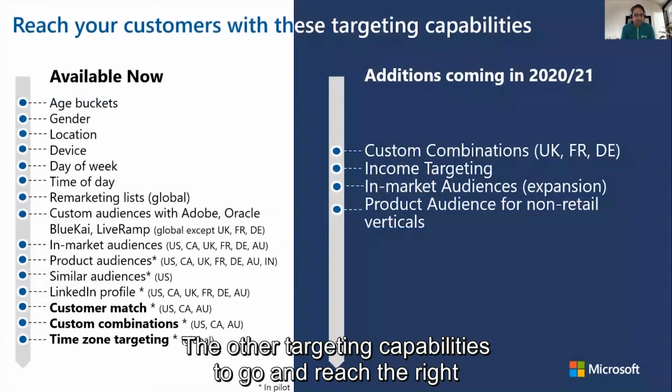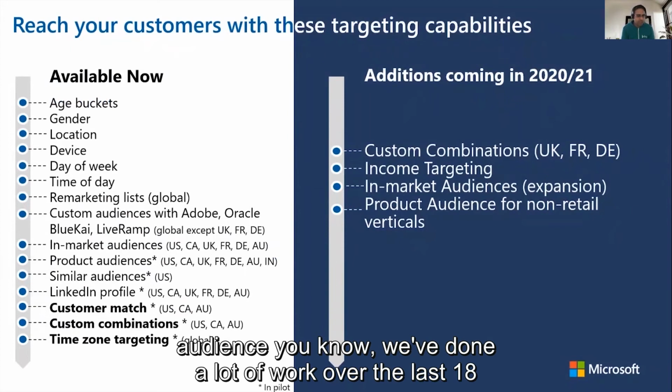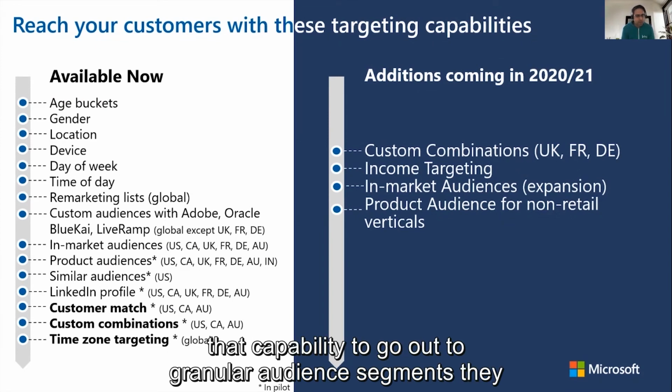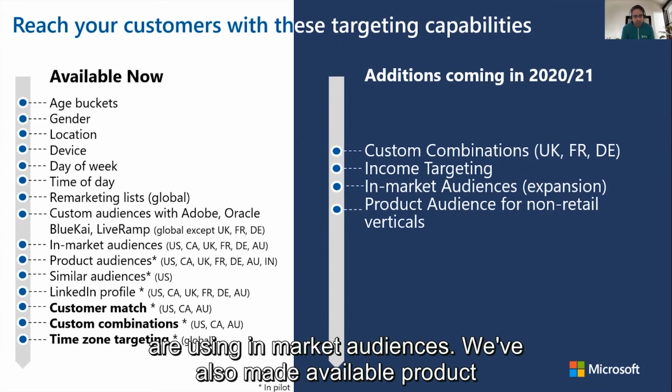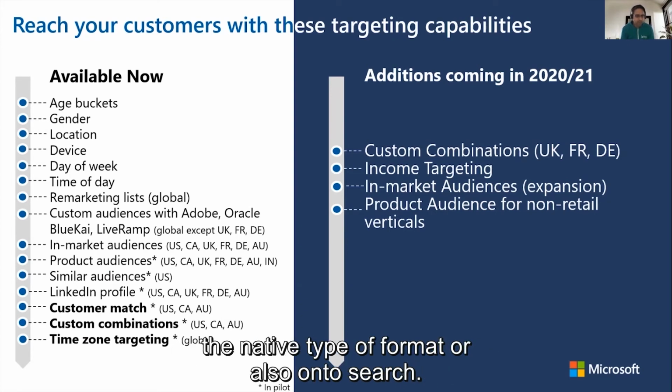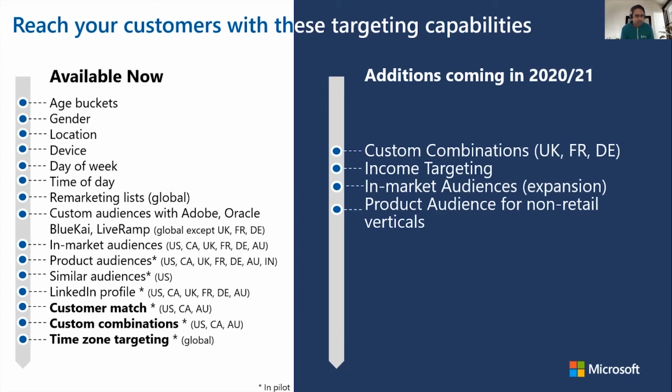For the other targeting capabilities to reach the right audience, we've done a lot of work over the last 18 months and have launched quite a lot of features which give you the capability to go after granular audience segments, say using in-market audiences. We've also made available product audiences, which can be used to go after an audience either in the native format or also on search.